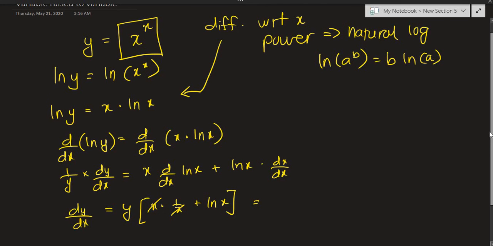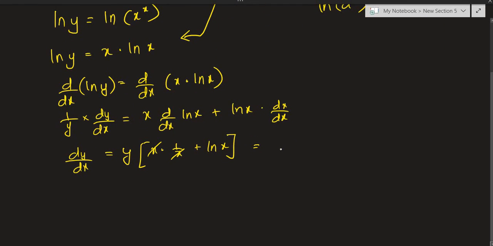So you plug that in, because y is something we introduced and the question never gave us anything like that. So resubstitution: y is x to the x, times, these x's cancelled out, so we have 1 plus the natural log of x. So that is exactly dy over dx, and that's what we had to find.